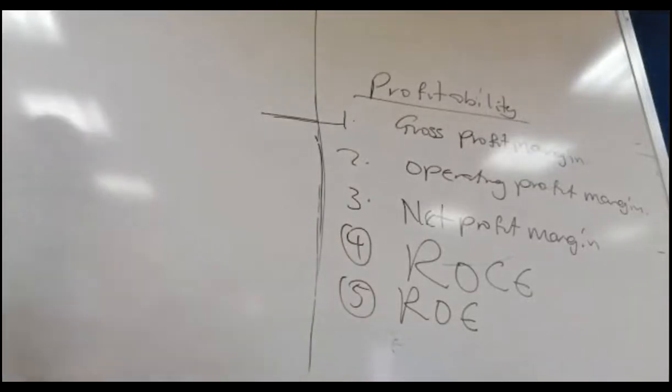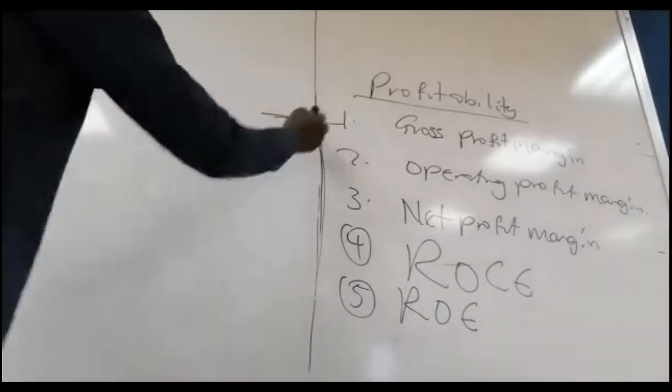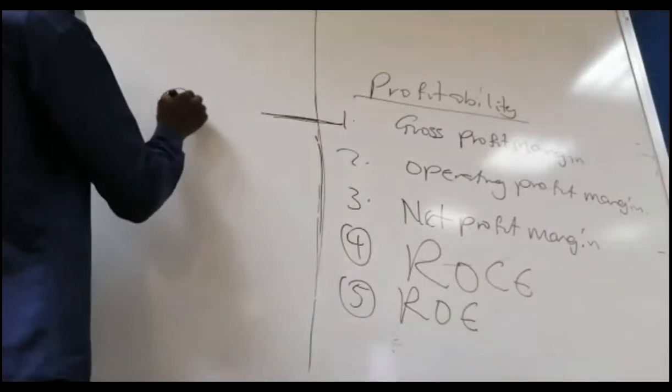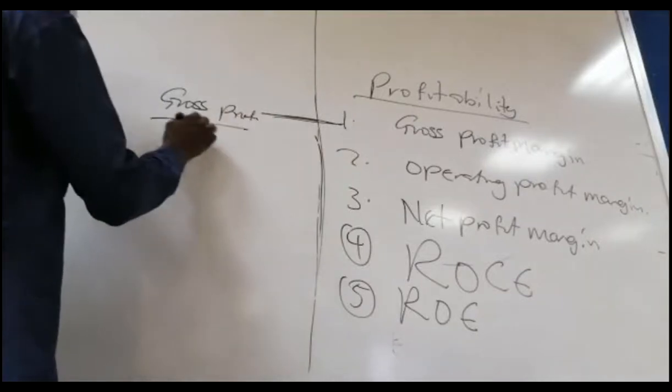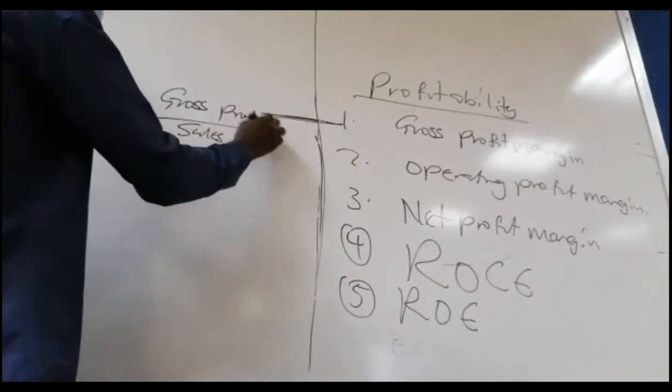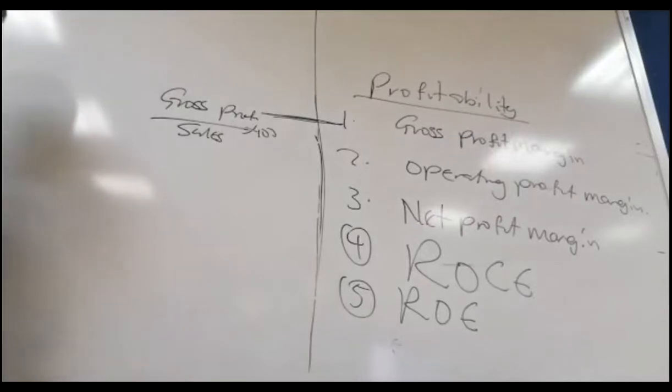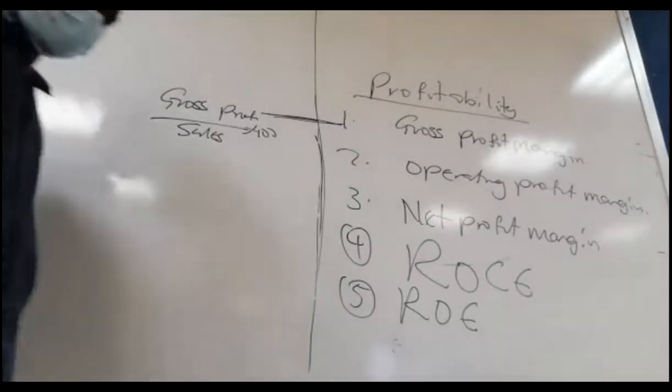So anything margin is that item over sales times 100. If it's a gross profit margin, then it must be gross profit over sales times 100. That is the gross profit margin.